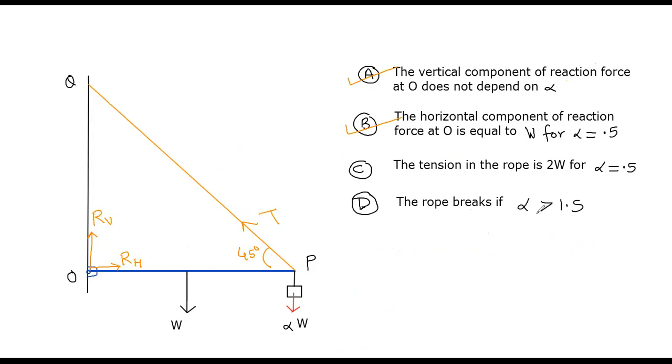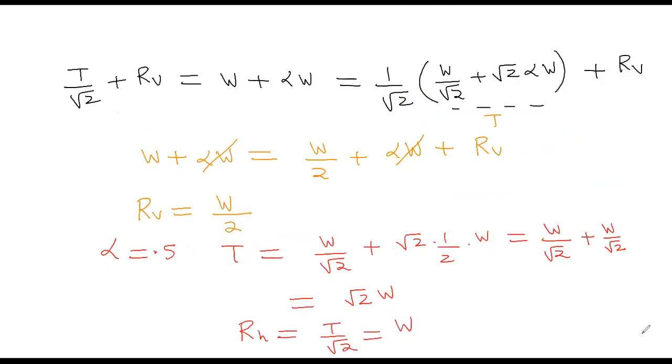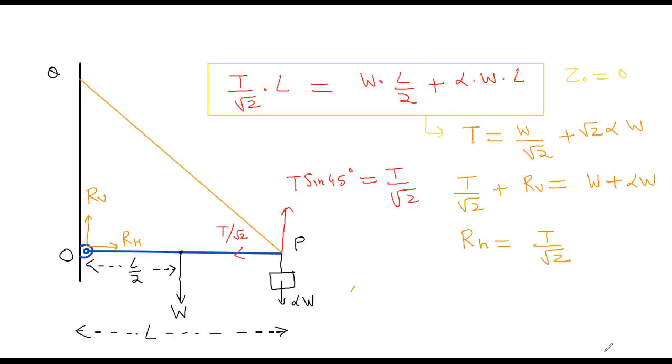The rope breaks if alpha is greater than 1.5. Now, tension is how much?